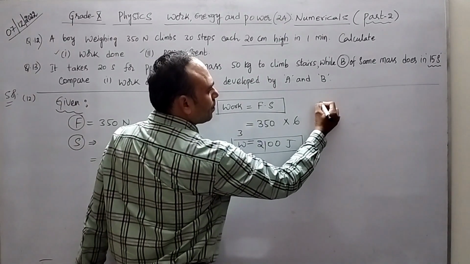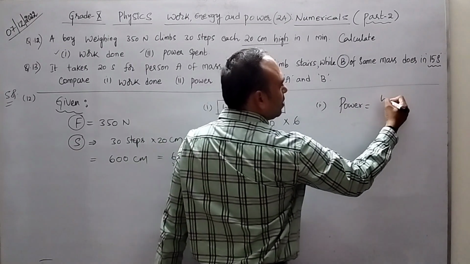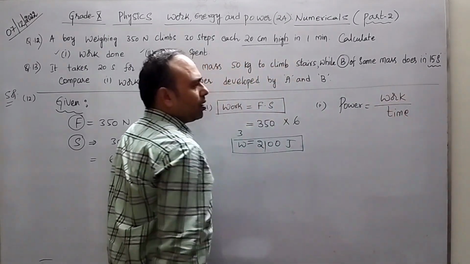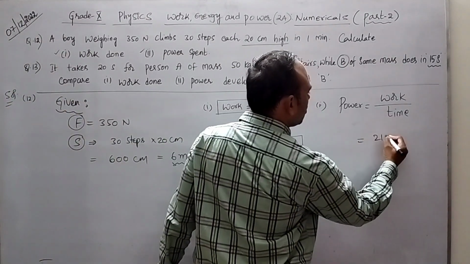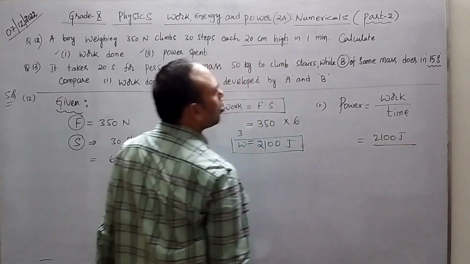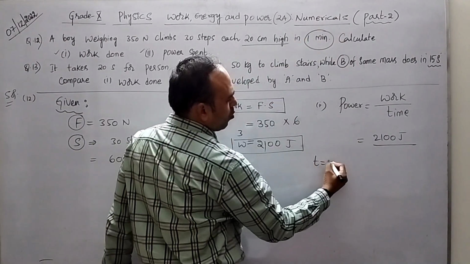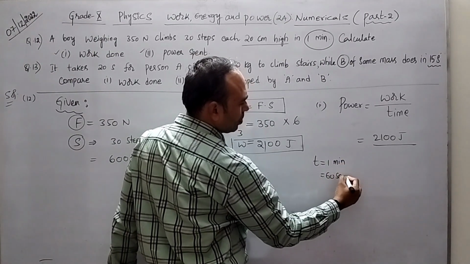Now second one. They say power is nothing but rate of doing work. So work by time. Now we got work 2100 joule. Now how much time is taken here? The time taken is 1 minute, and converting into second you get 60 seconds.